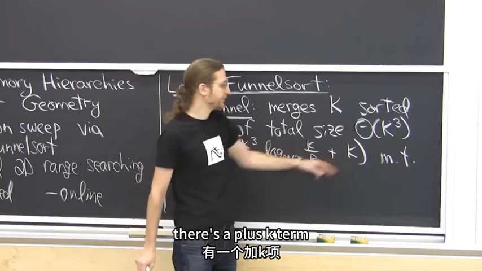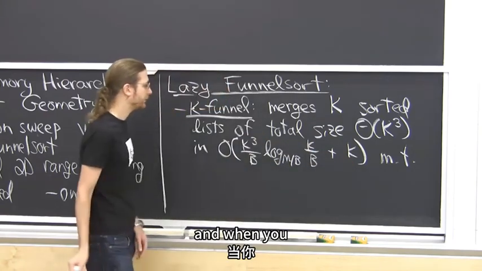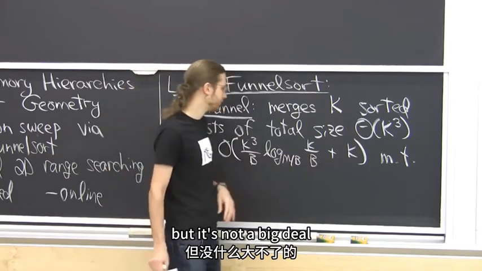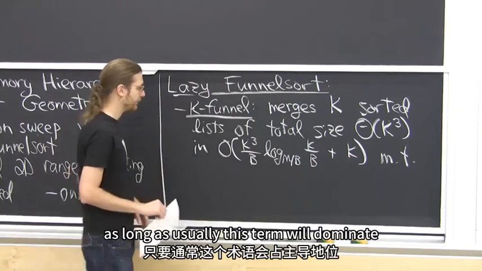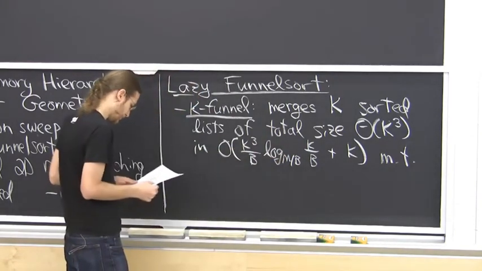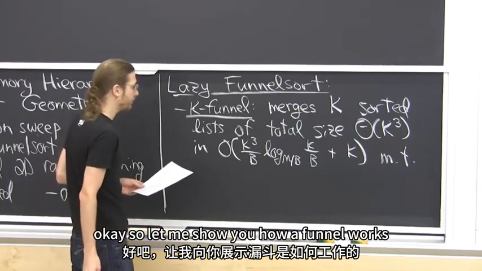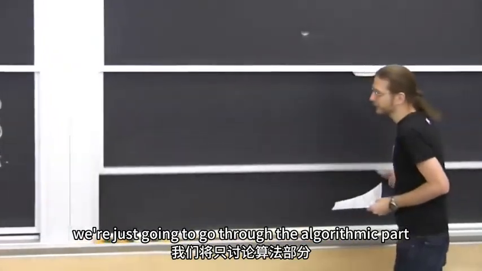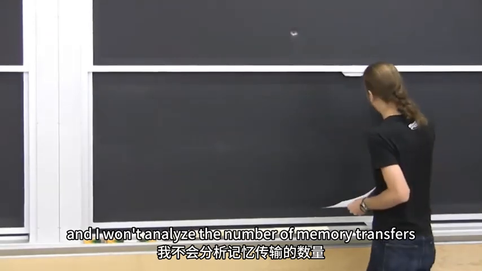There's a plus k term, and when you plug this into an actual sorting algorithm, you need to think about that, but it's not a big deal, as usually this term will dominate. Okay, so let me show you how a funnel works. We're just going to go through the algorithmic part, and I won't analyze the number of memory transfers.